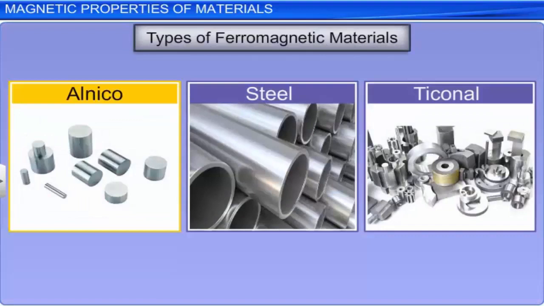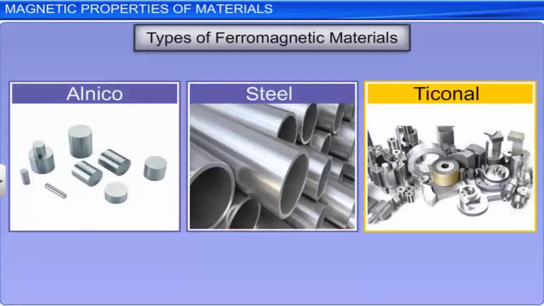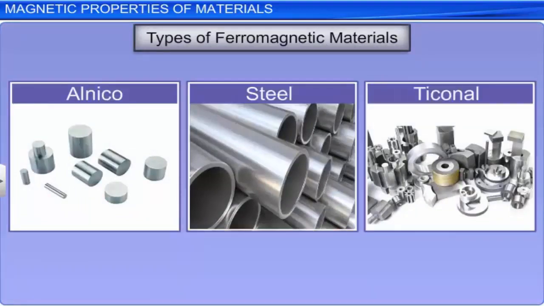Alnico, steel, Ticonal, etc. are examples of hard ferromagnetic materials. These materials are used to prepare permanent magnets.